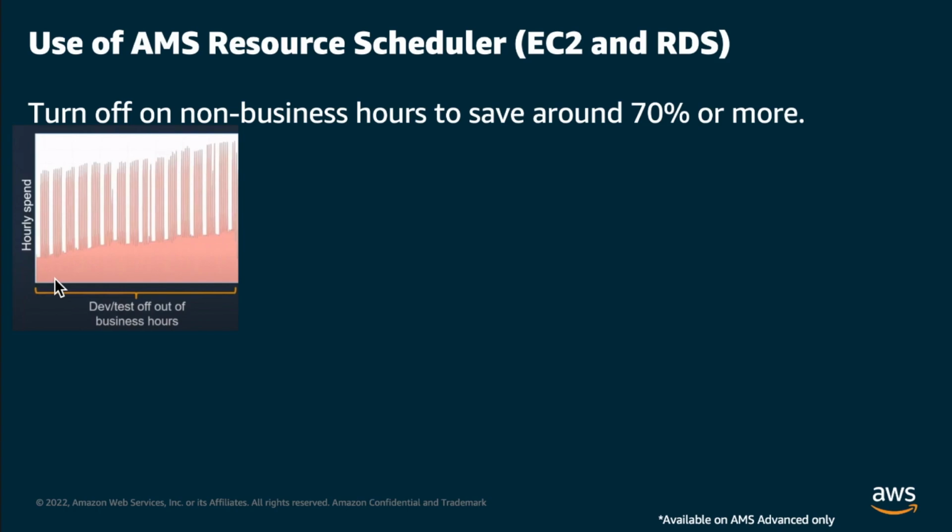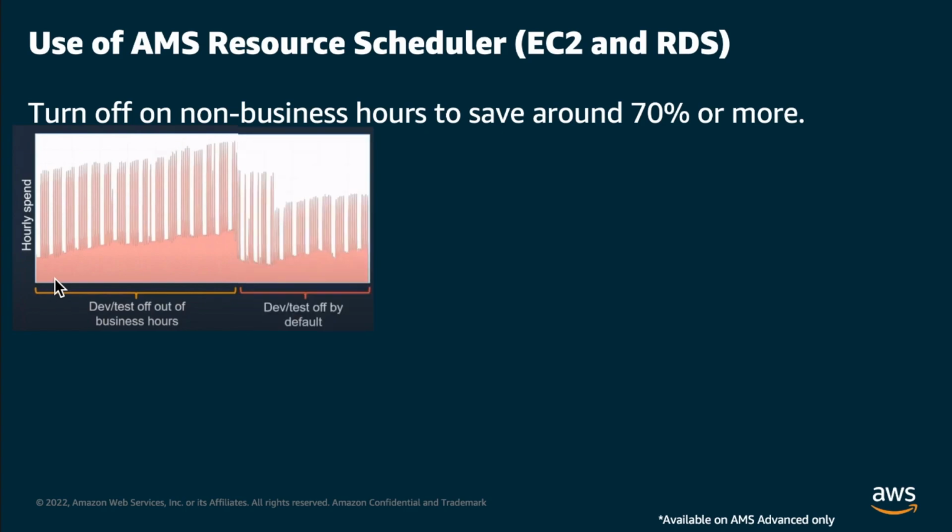So you stop when it's non-business hours, and you will save around 70% of your cost. And there is another approach in which you don't start the resource, you just stop. Every end of the day, you just stop the resource. If someone needs to use it, they just have to wait for startup time, and then use the resource. Then you will save even more than 70%.